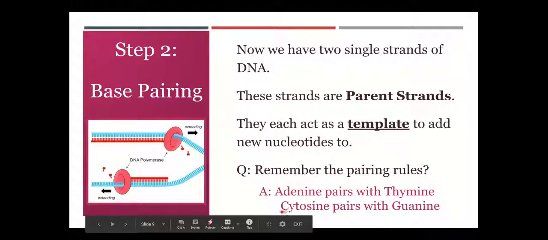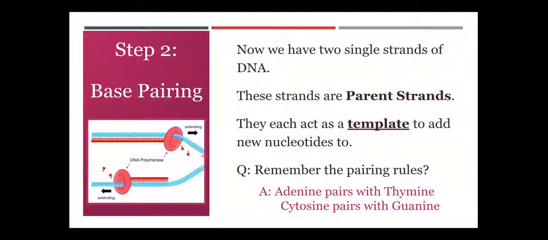And we always see cytosine, or C, pairing with guanine, or G. These bases always pair together in these patterns. So as we add new nucleotides, and as we use or look at this parent strand as a template, we would be able to tell what nucleotides this DNA polymerase is adding each time.